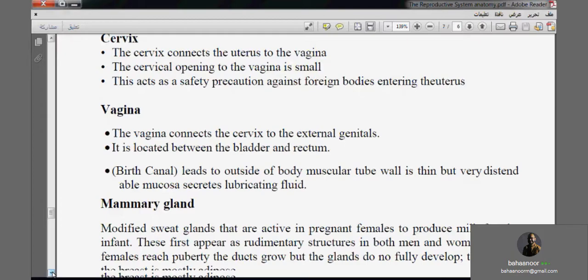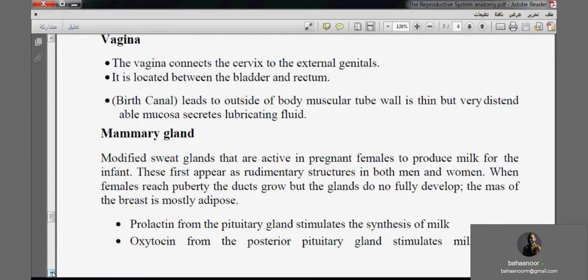The mammary gland is considered part of the female reproductive system because it nourishes the baby. These are modified sweat glands that are active in a pregnant female to produce milk for the infant.